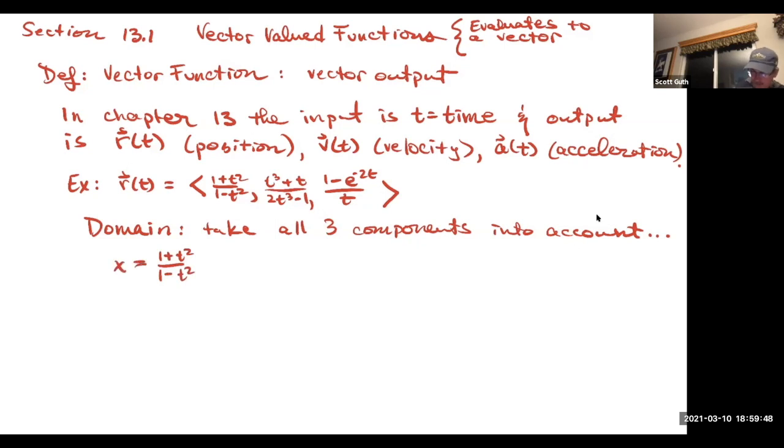What we need here is that 1 minus t squared is not 0, right? So right off, we know that t is not plus or minus 1. Okay, any questions?